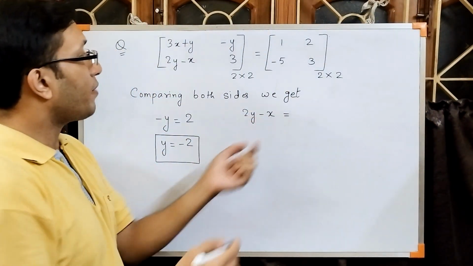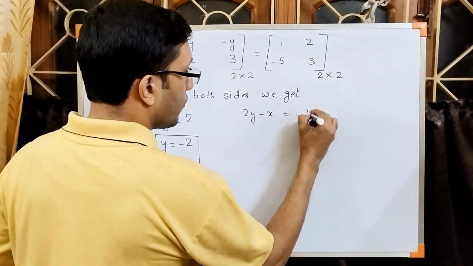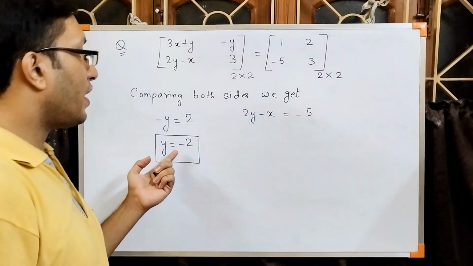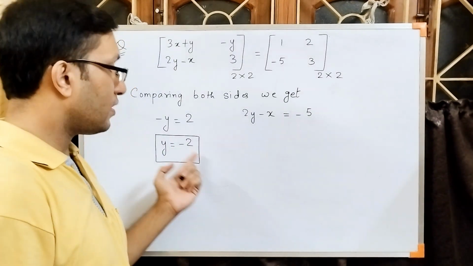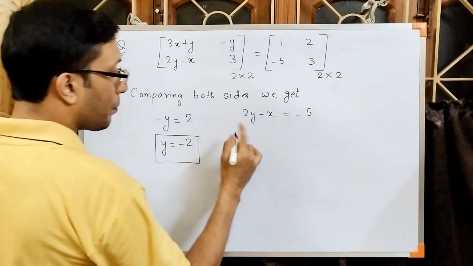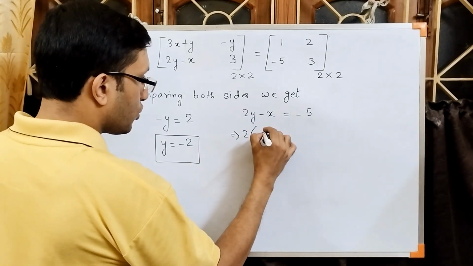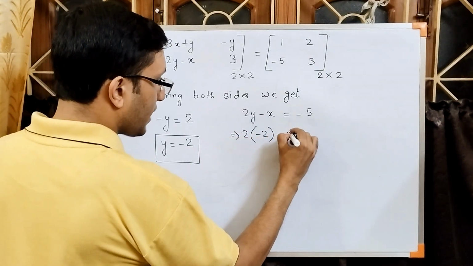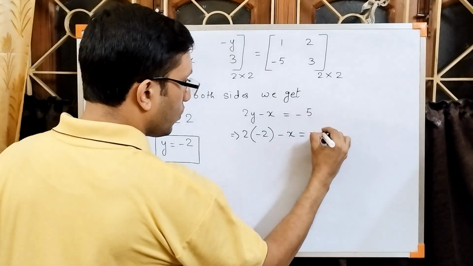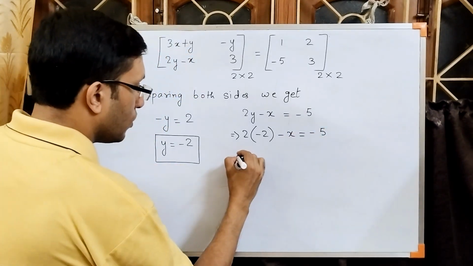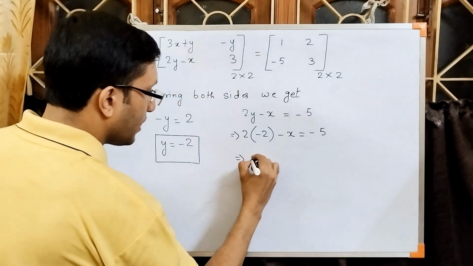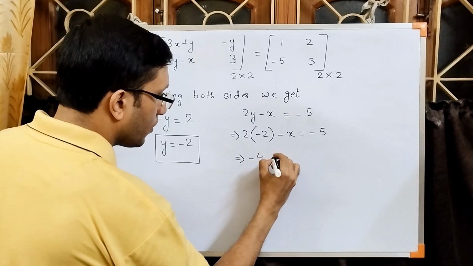So 2y minus x is equal to minus 5. Now we have already found out the value of y, that is minus 2. We are going to replace it over here, that is 2 into minus 2 minus x is equal to negative 5. So 2 into negative 2, that is negative 4.